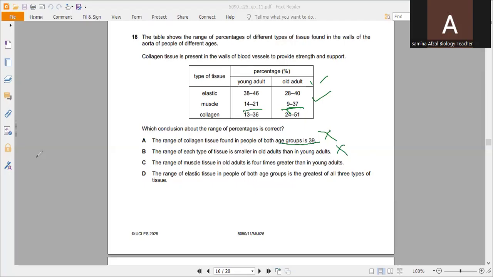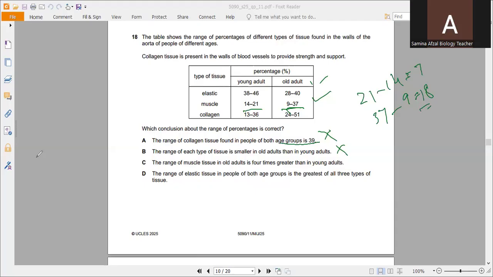If we take 21 minus 14, it is equal to 7, and same when we take 37 minus 9, it is nearly equal to 28.